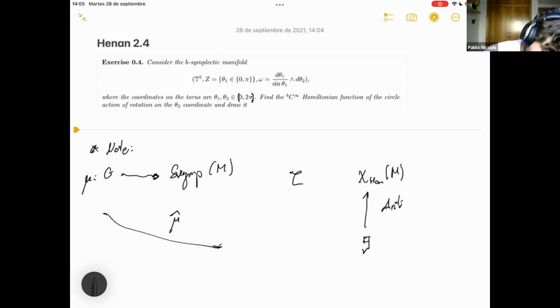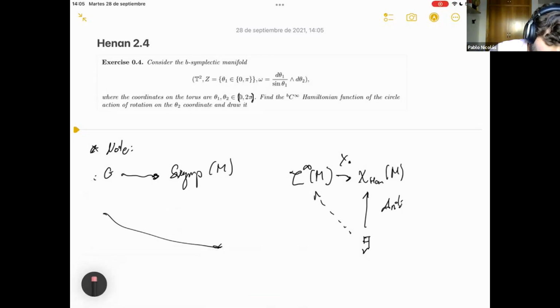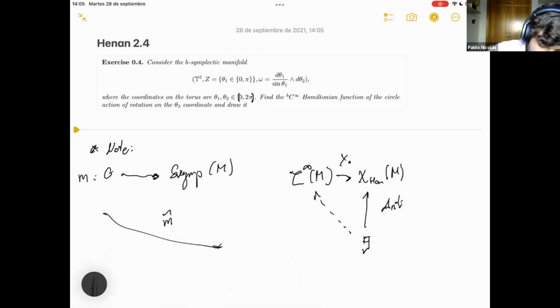So you could say that a moment map, if this is the assignation of a Hamiltonian vector field, you would require, and this is the dual notion, which is a moment map, you would ask an arrow to be lifted to the Hamiltonians. This is poor notation because I am saying this is a group action, and moment map will be mu as well. So I will say this is M, this is M hat, and this is M hat.